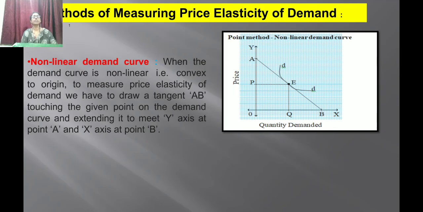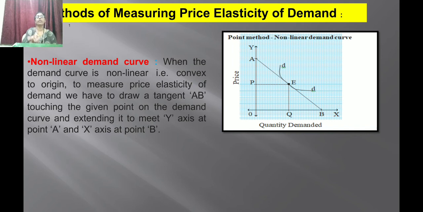The next is the non-linear method. It is easier than this method. What is the non-linear method? Definition for the non-linear method: when the demand curve is non-linear, it is not a line, it is convex to the origin. For price elasticity of demand, we have to draw a tangent AB.